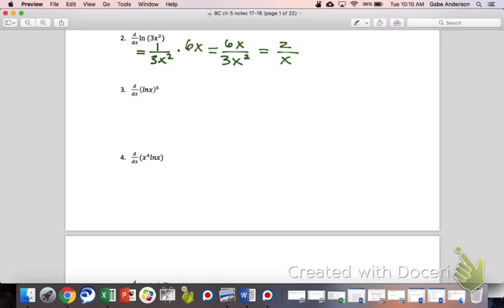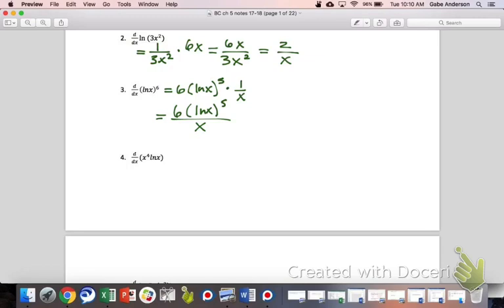So we'd go 6 times natural log of x all raised to the 5th power times, here's the only spot where ln really matters, the derivative of the inside, 1 over x. If you wanted to simplify, write it as 6 natural log of x to the 5th all over x. Fine. You don't have to do that unless you're matching up multiple choice.